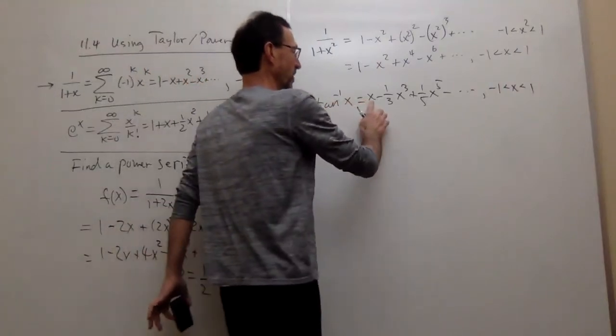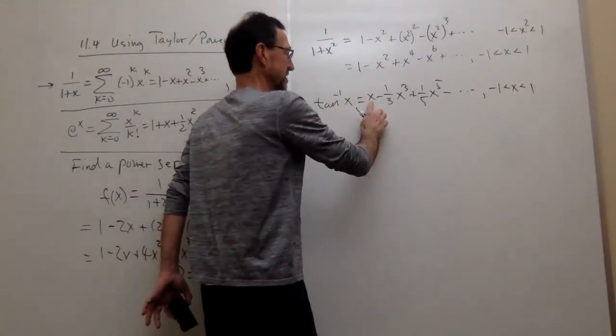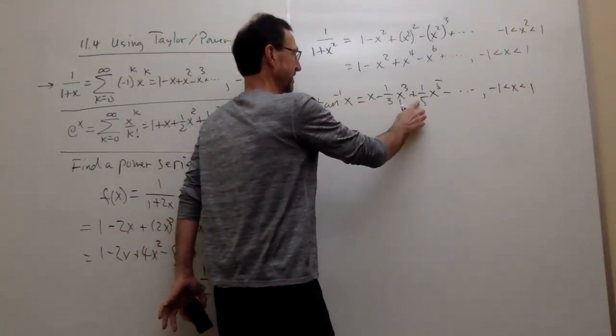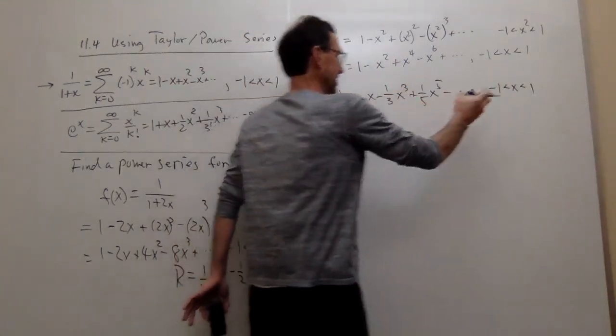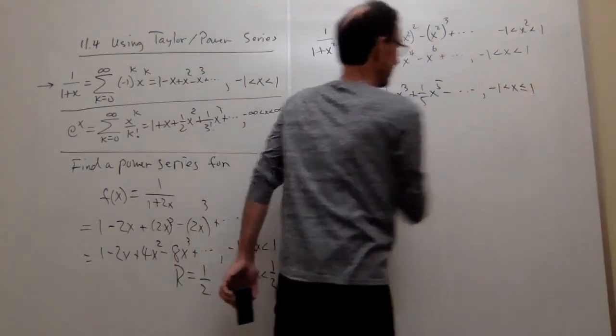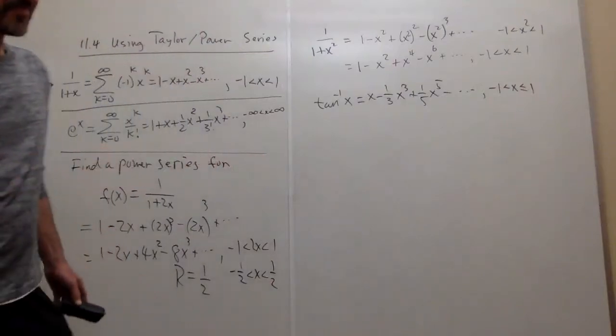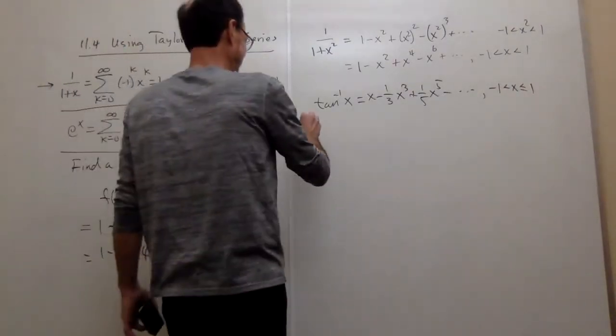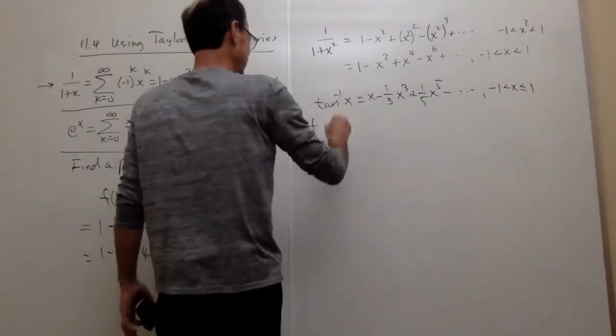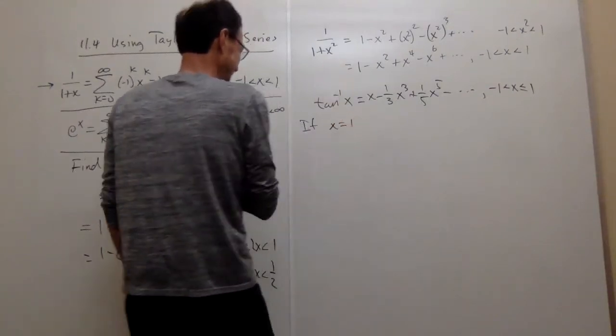When x is plus 1, we get an alternating series, 1 minus 1/3 plus 1/5. The terms go to 0, they decrease uniformly, so we get convergence at 1. And now I want to investigate what happens at x equals 1. It's sort of the whole point of following this line of thought.